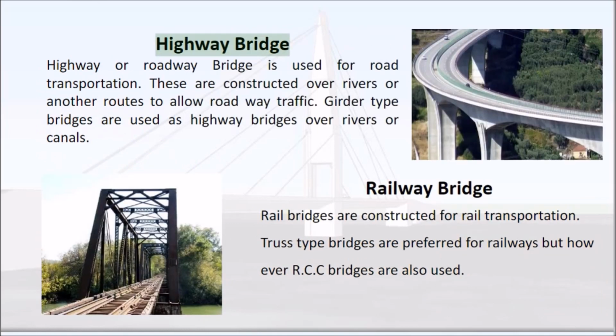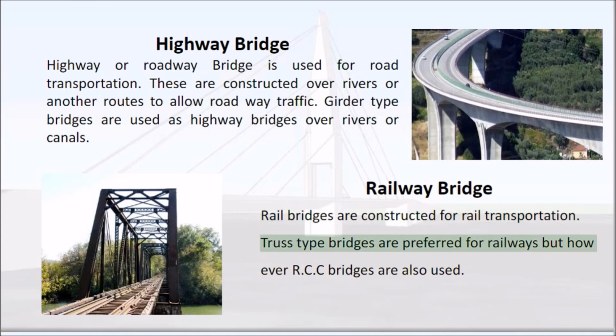Highway bridge. A highway or roadway bridge is used for road transportation. These are constructed over rivers or other routes to allow roadway traffic. Girder-type bridges are used as highway bridges over rivers or canals. Railway bridge. Rail bridges are constructed for rail transportation.